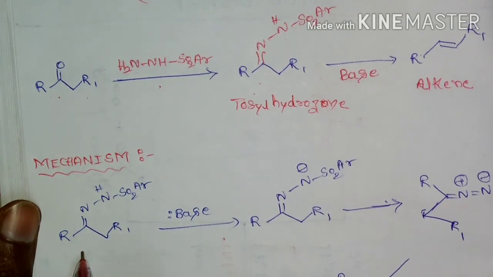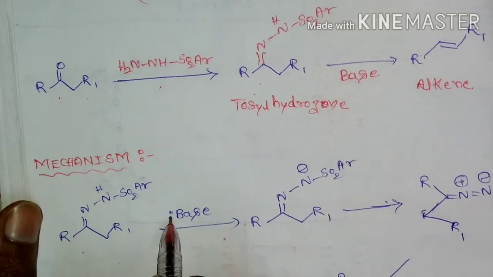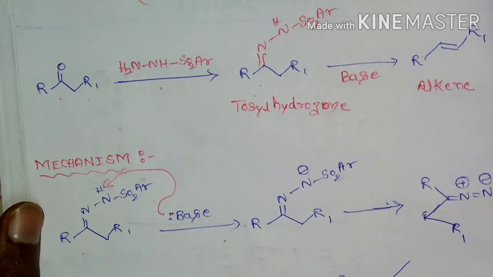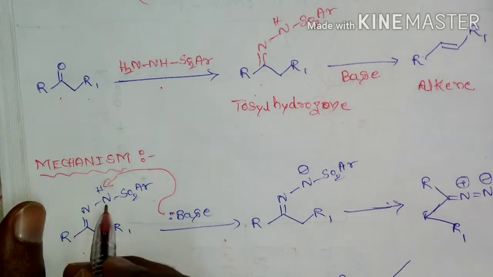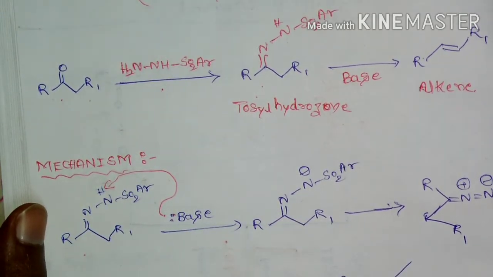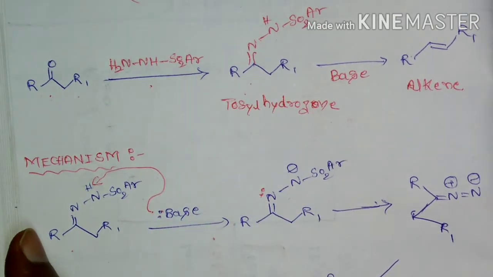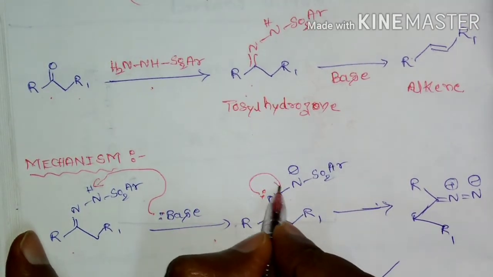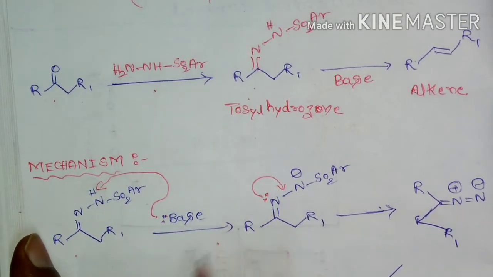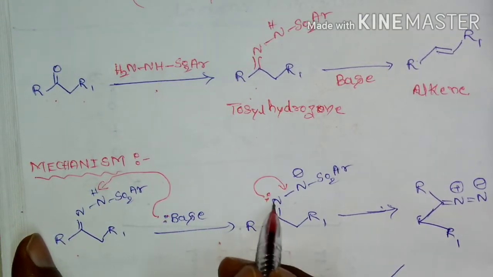So the tosyl hydrazone, upon treatment with base, there will be abstraction of this hydrogen which is on the nitrogen, and there will be formation of an anion. This anion will lose the tosyl group through the pushing of the lone pair of electrons on this nitrogen.